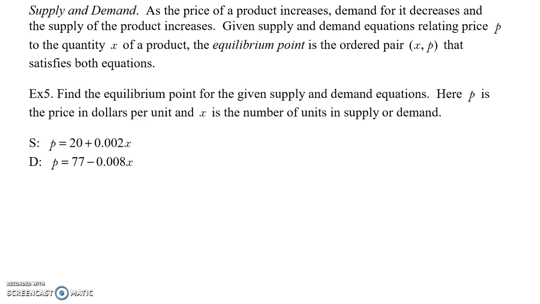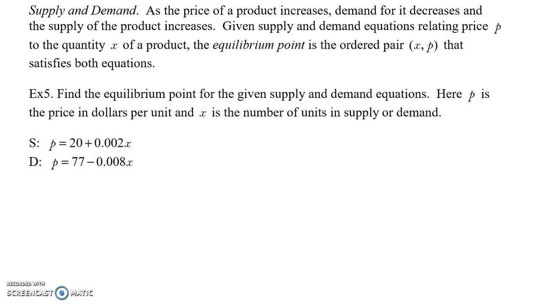We want to find the equilibrium point. That's going to be the solution of the system of equations, where the price for supply is equal to the price for amount demanded. So in this particular case, if you look at our two equations, both of them are solved for P. So here it would make sense to use substitution.